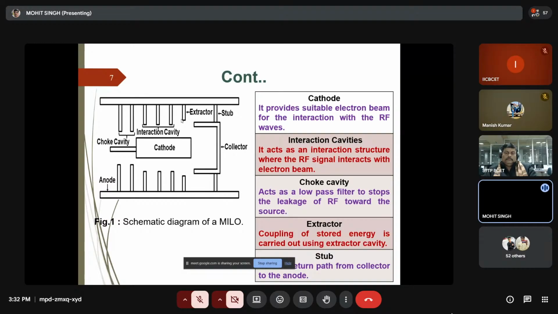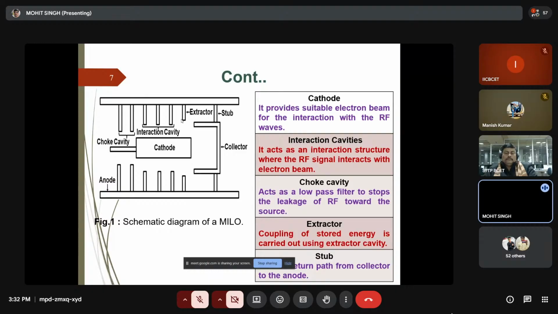Depth is mainly helpful in deciding the frequency of operation, and the periodic structure, meaning the period at which the discs should be kept, is very important in deciding the phase velocity and drift velocity. We have to synchronize them. If there is an interaction between them, only then can they transfer their energy.